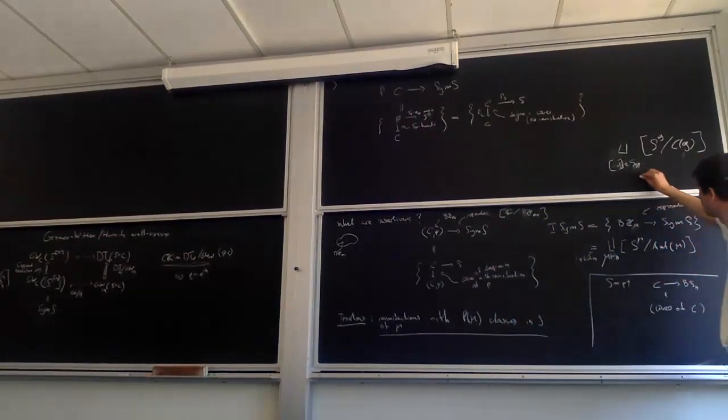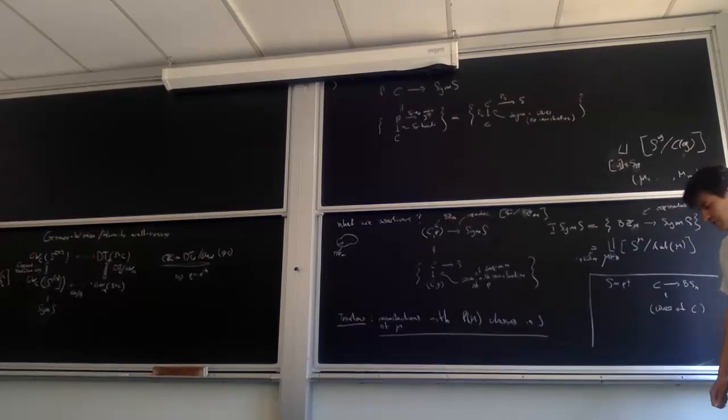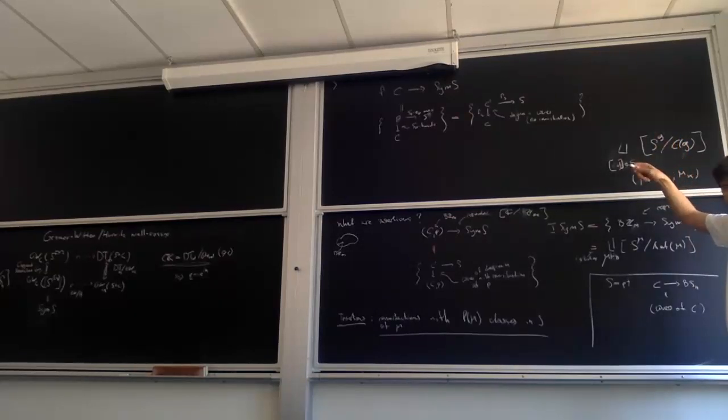If you have a partition here, and if you have repeated parts of this partition, then you act by the symmetric group on them. So if mu is like 1, 1, 1, 1, 1, you're just the usual, the biggest stratum. Yeah, exactly. So if mu is 1, 1, 1, 1, it's just Sn quotient down by Sn.